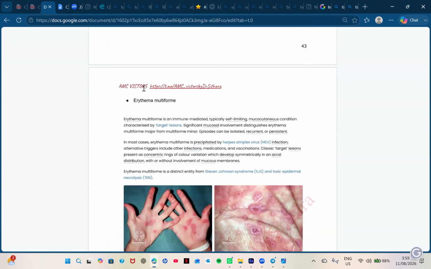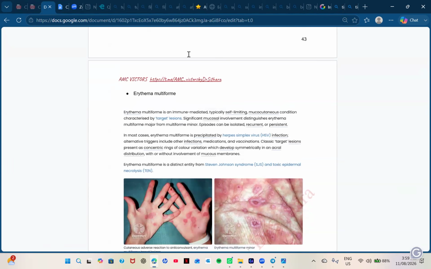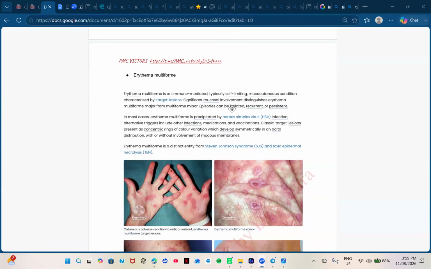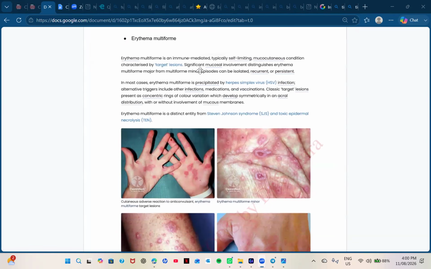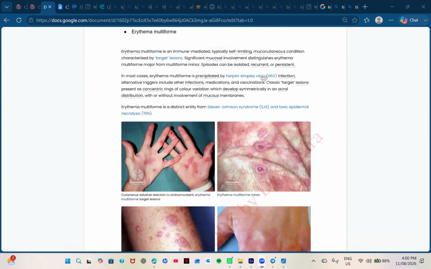Okay, so erythema multiforme. This question was asked in July. What is it? It's an immune mediated, typically self-limiting mucocutaneous lesion characterized by target lesions, or you can call it a donut lesion. You can remember it as either target or donut.